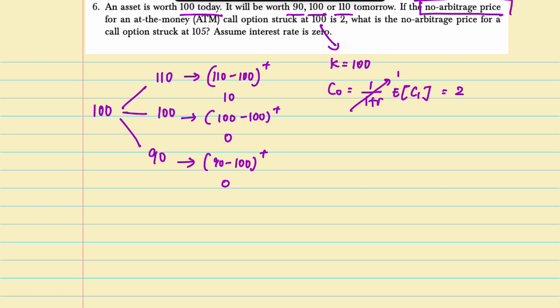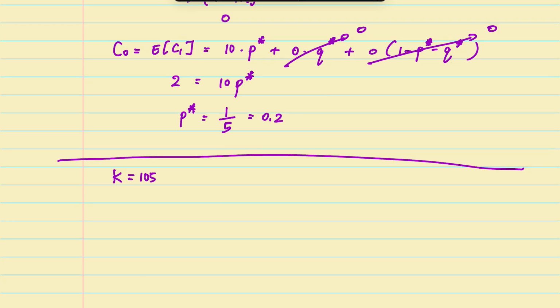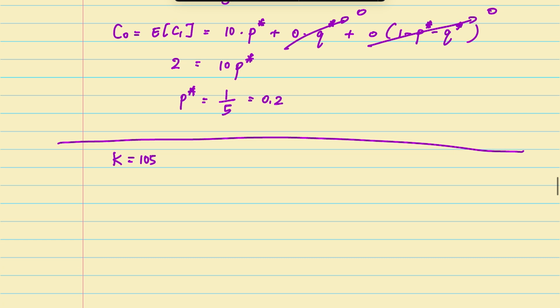Then the question is, what is the no arbitrage price for a call option struck at 105? So we just change the K from 100 to 105, and then we just repeat the process.